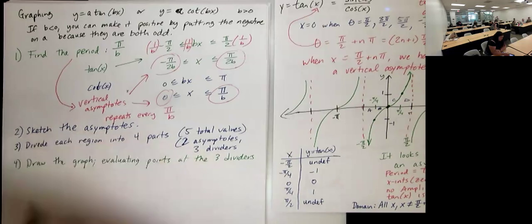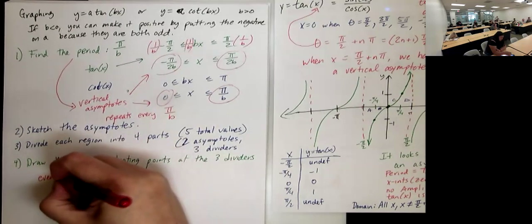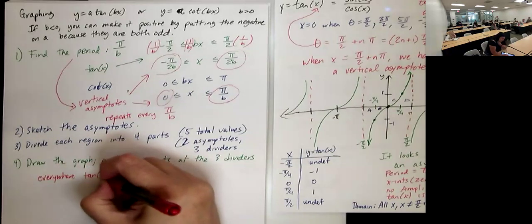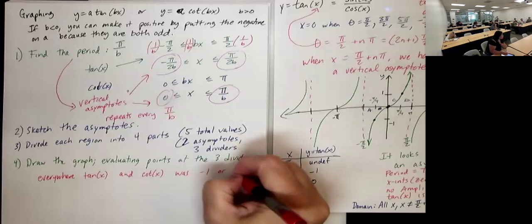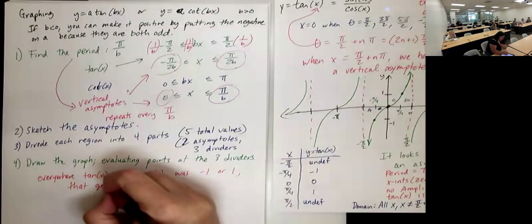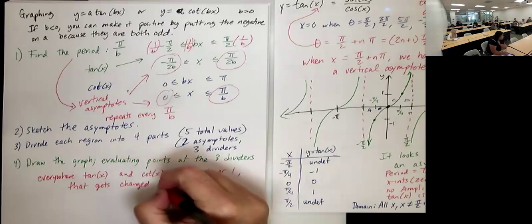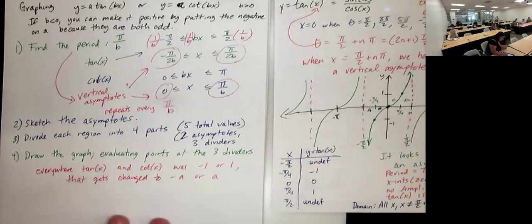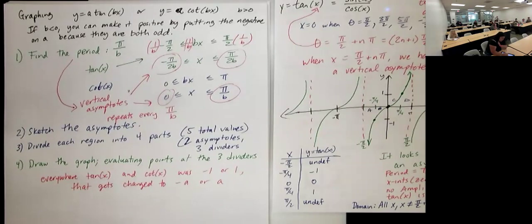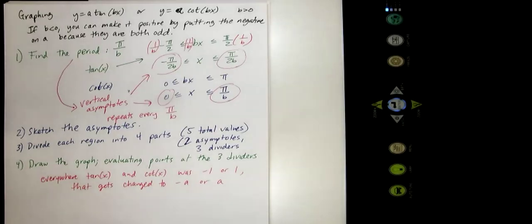Everywhere tangent x and cotangent x was -1 or 1, that gets changed to -a or a, because we have an a up front and we're multiplying by it. So it's all the same.